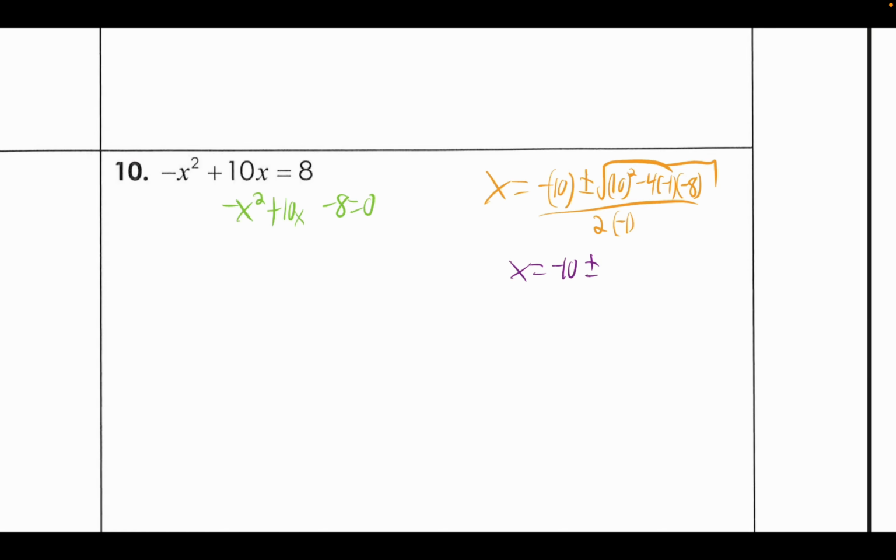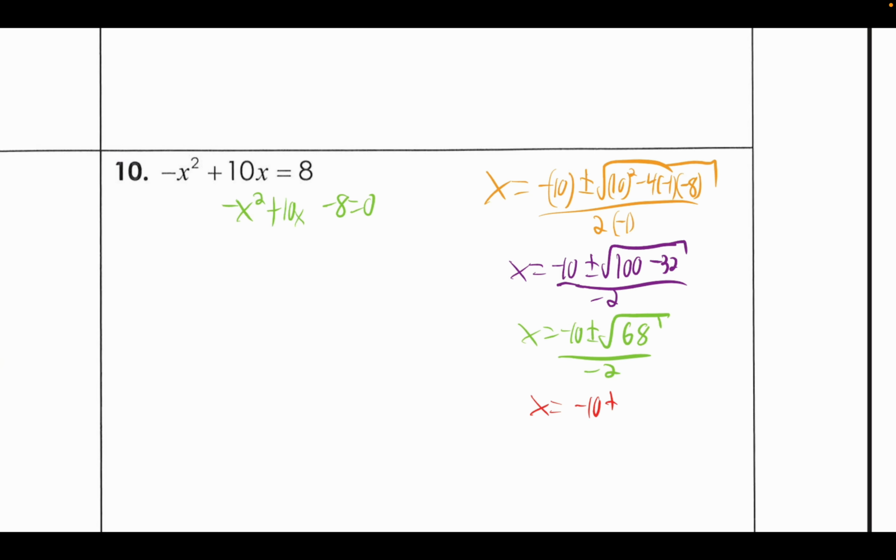So it's negative 10 plus or minus the square root of 100 minus 32 all over negative 2, which would be negative 10 plus or minus the square root of 68 all over negative 2.